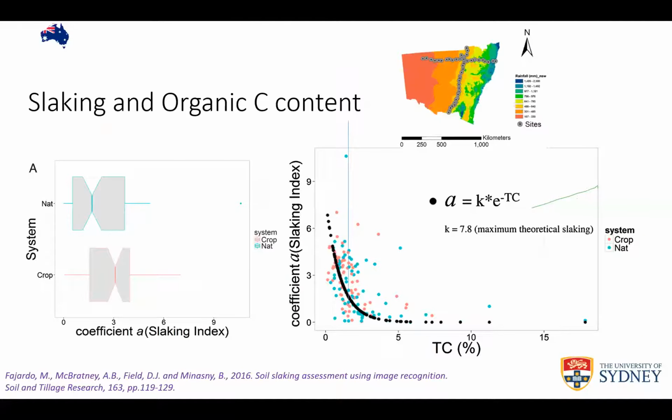You can see that under cropping there is higher slaking compared with the natural system, and it's all related to the carbon content of the soil. If you have higher carbon content, it means higher integrity of the aggregate, so it is going to have the least slaking. That means when rainfall happens, you mostly have aggregated soil, right?